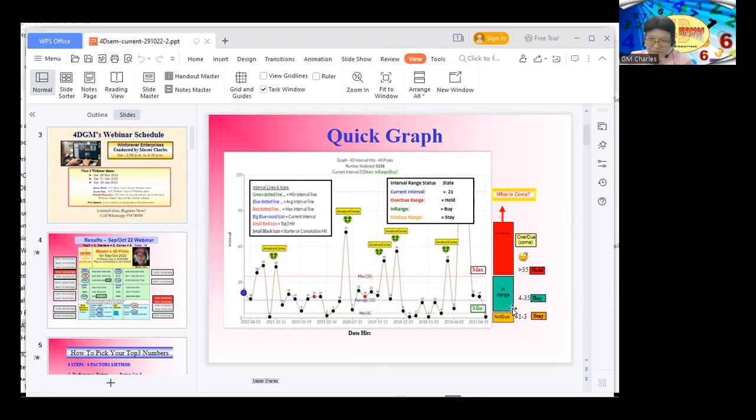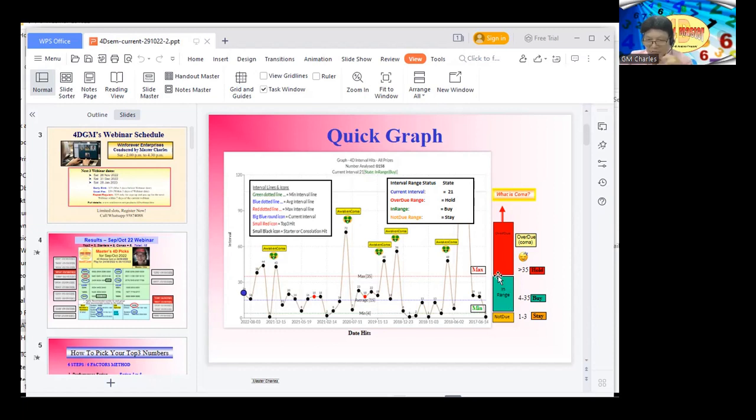Okay, for this particular number, in fact, I'm using 0158. I used this number in the previous webinar to explain this concept. In fact, later this number came up four times after the analysis, two of them second prizes. So based on this number 0158, the best range to buy this number is from 4 to 35, where it is in range.